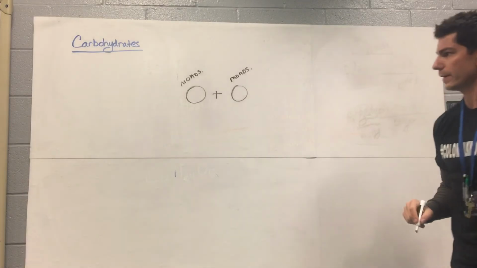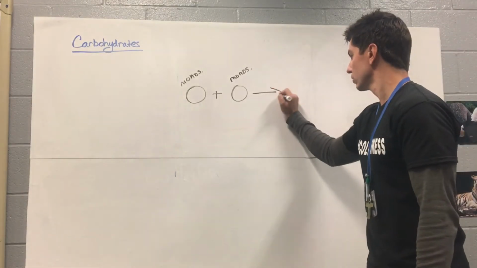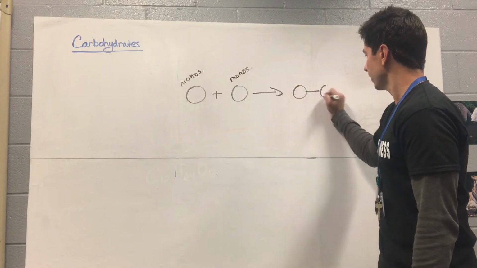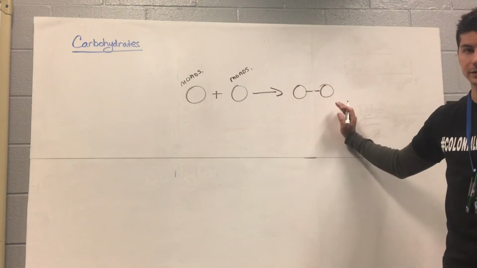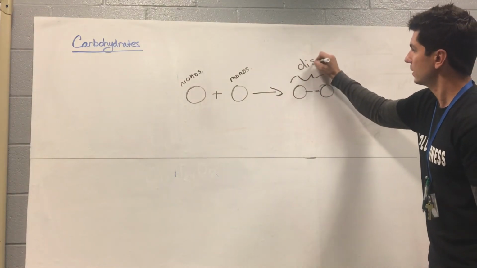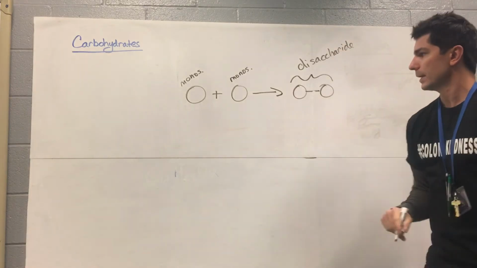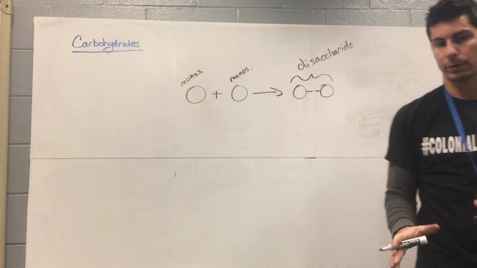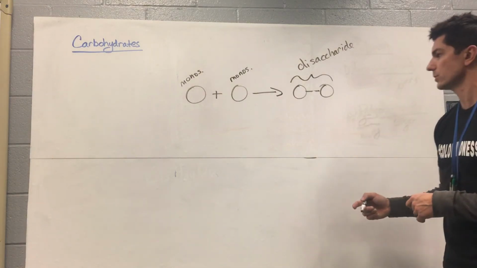So we know it's a monosaccharide. And we're going to bond them together. If we bond them together, there's our bond in between them, we now have 2 monosaccharides bonded together. We call this a disaccharide.